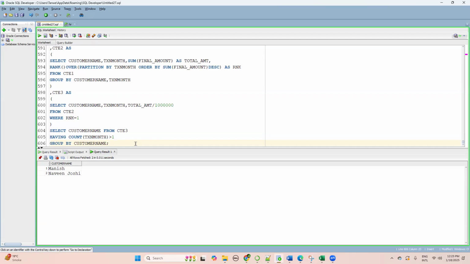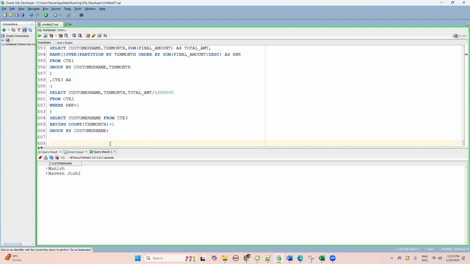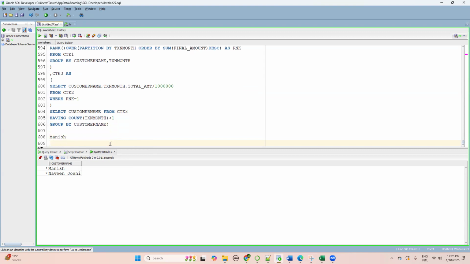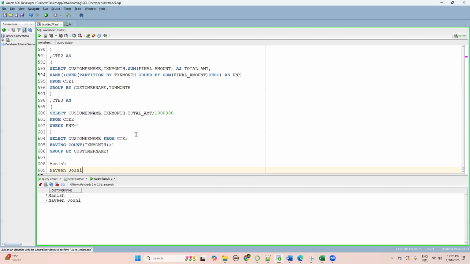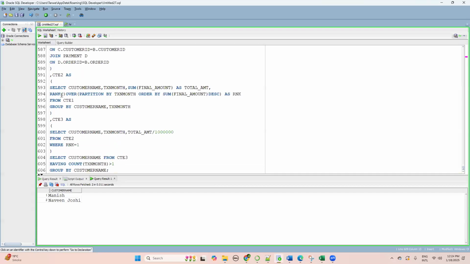Is this clear? Yes, sir. Okay. But again, at the same time, it doesn't mean कि there is no other customer who has done transactions more than them. Now see, I will show you one more matrix. Now this tells कि Manish and Naveen Joshi have done the maximum transaction in more than 1 month. अब देखो मैं आपको ये दिखाता हूँ ये डेटा.